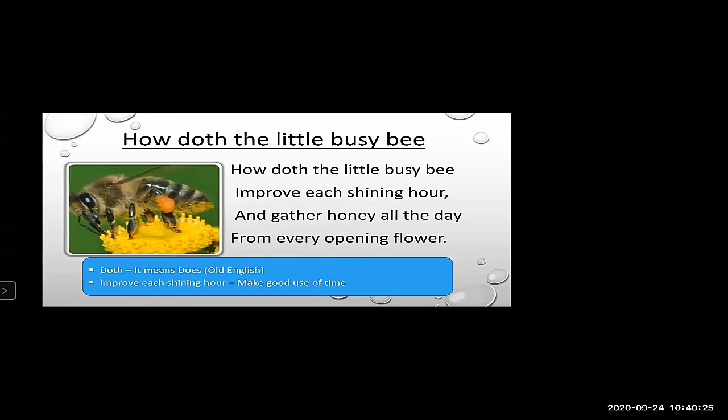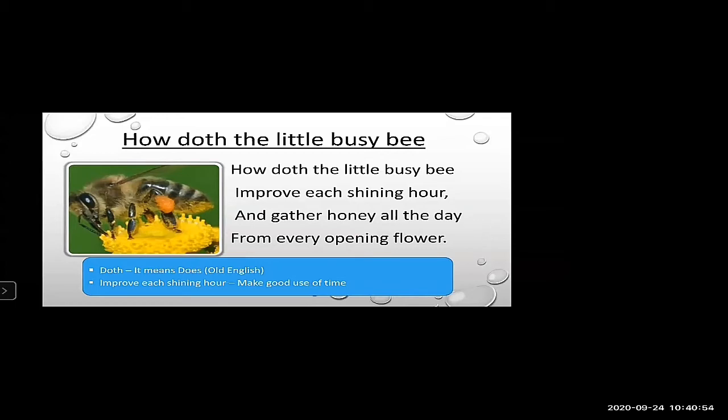and gathers honey all the day from every opening flower. Now, how does the bee do hard work and for what does it do hard work? It does hard work to gather all the honey, and throughout the day, it keeps on doing the same work. And from where does the bee collect the honey? It collects honey from every opening flower.